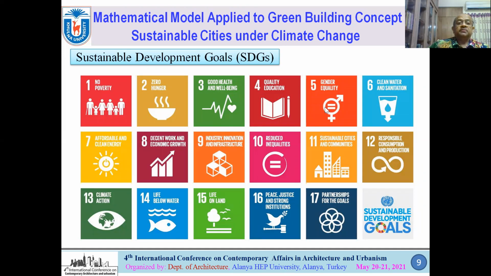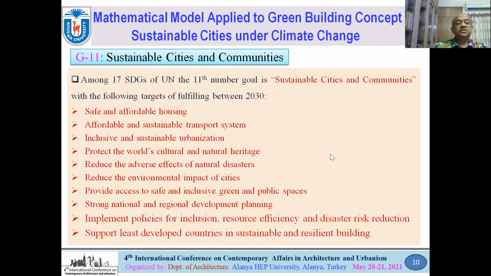And we know that in the sustainable development goals, there are 17 goals, but one goal is related to sustainable cities and communities, goal number 11. It is only about sustainable cities and communities. And these sustainable cities and communities include a lot of targets to be fulfilled by 2030.